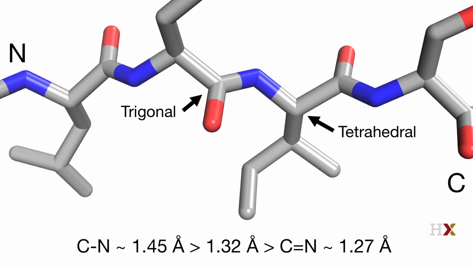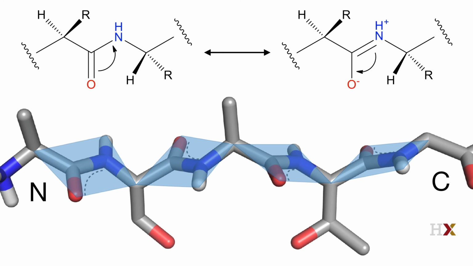But the peptide bond, the bond between the carbonyl carbon and the amino nitrogen, measured 1.32 angstroms, and therefore it is shorter than a typical carbon to nitrogen single bond, but longer than a carbon to nitrogen double bond. This unusual bond length is due to the partial double bonded character of the peptide bond because of resonance, as shown here in this chemical equilibrium.